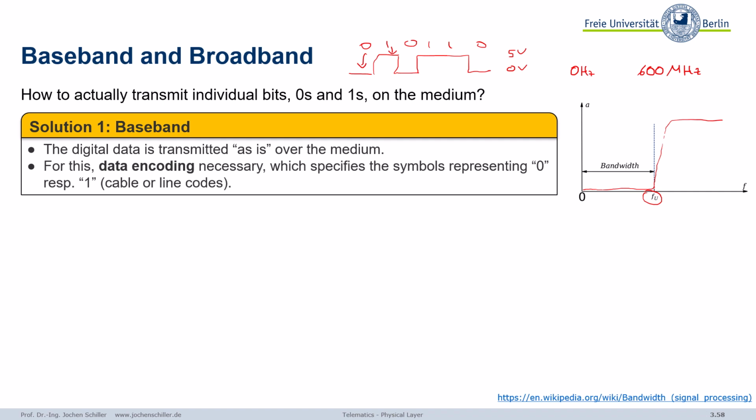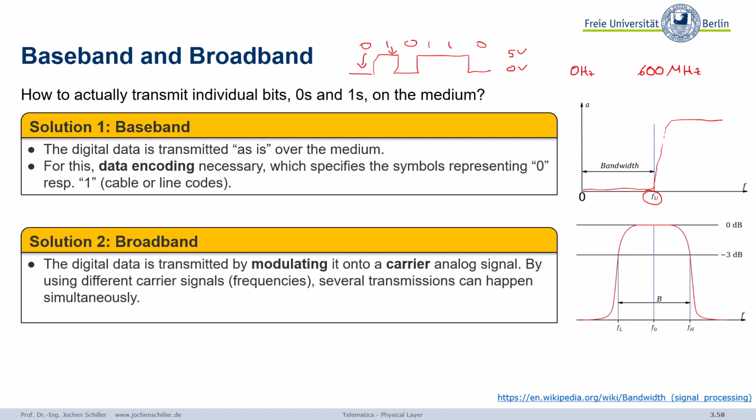That's nice. That works for example for copper wire, but that doesn't work for fiber optics, or especially for all wireless communication. There we talk about broadband transmission. What does it mean?